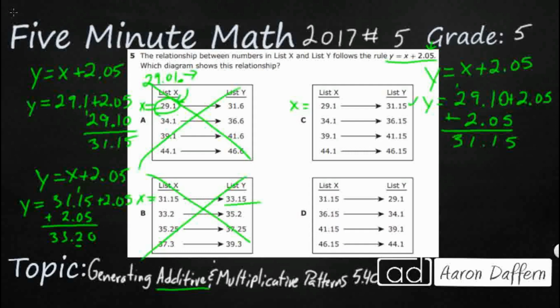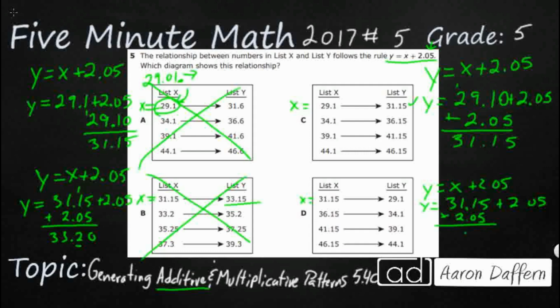Let's double check on D, make sure it's not going to work. Y equals x plus 2 and 5/100. So x is going to equal 31.15. So y equals 31 and 15/100 plus 2 and 5/100. So let's stick that underneath here and see what we're going to get.